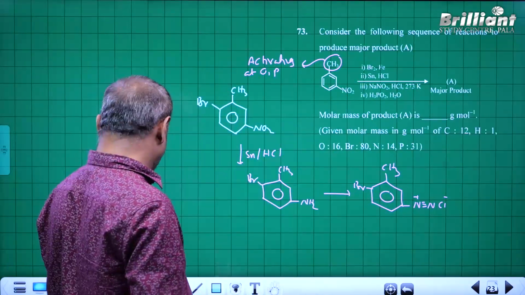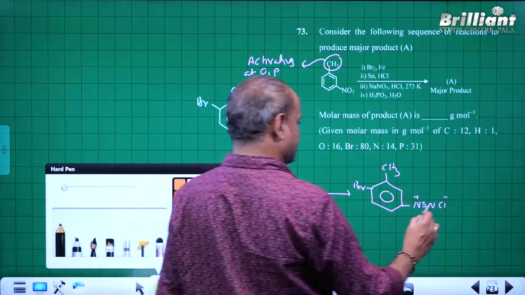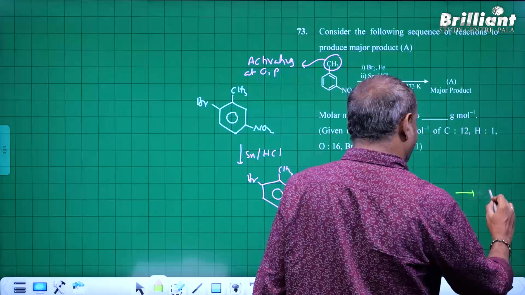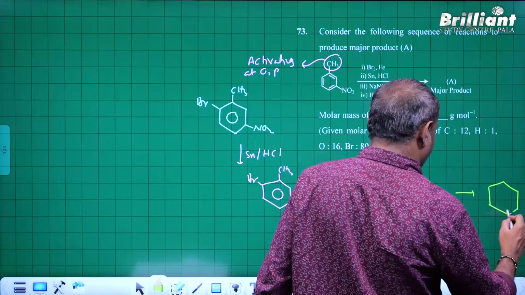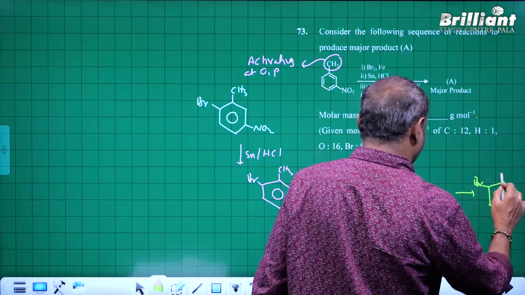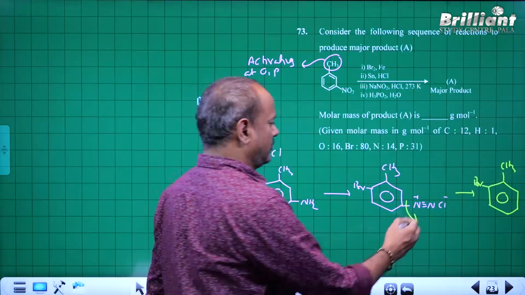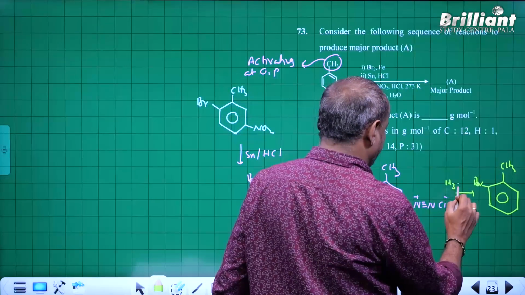Next step, H3PO2. Elimination of nitrogen to form bromotoluene. Bromotoluene.